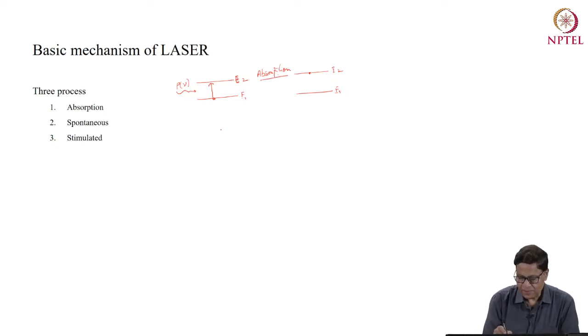The second process is spontaneous. Spontaneous, what happens? Again, let us consider a two energy level system, E1, E2. The electron which is there in the excited state naturally or spontaneously falls down to the low energy state, and in the process it will emit energy. So this is the final state, and this was the initial state.